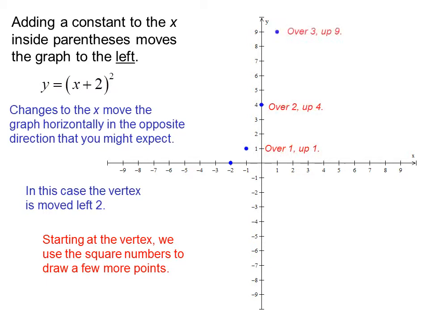So we go over 1, up 1, over 2, up 4, over 3, up 9, and we draw the other points straight across the axis of symmetry, which in this case is x equals -2. Now we sketch our parabola.